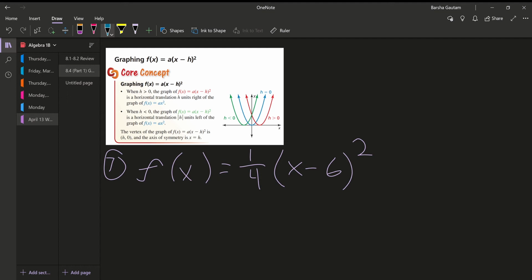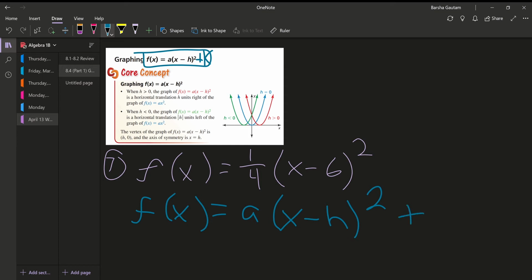So we're going to write this down right below it: a(x minus h) to the power of 2. From here, we can figure out what each variable represents. It doesn't show it on this, but it should be plus k right here. Plus k.